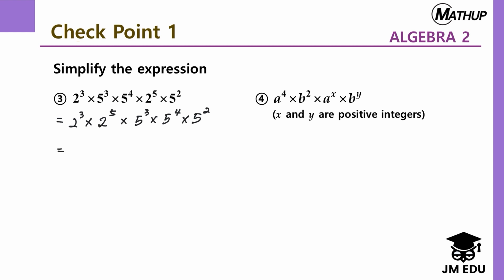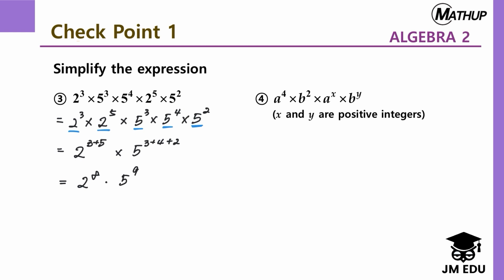So that is equal to, first, we have the same base here, right? So that's going to be 2 to the 3 plus 5 times, here we have a base 5, 5, 5. We must add exponents, 3 plus 4 plus 2. So that's going to be 2 to the 8 times 5 to the 3 plus 4, 7, 7 plus 2, 9.